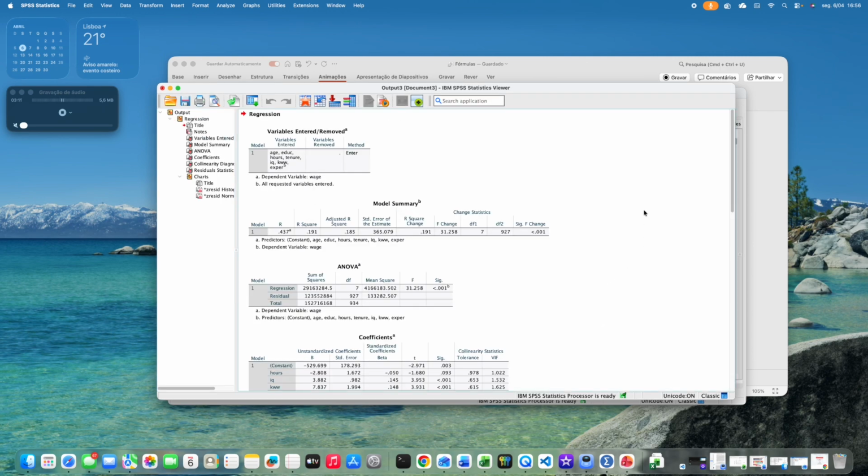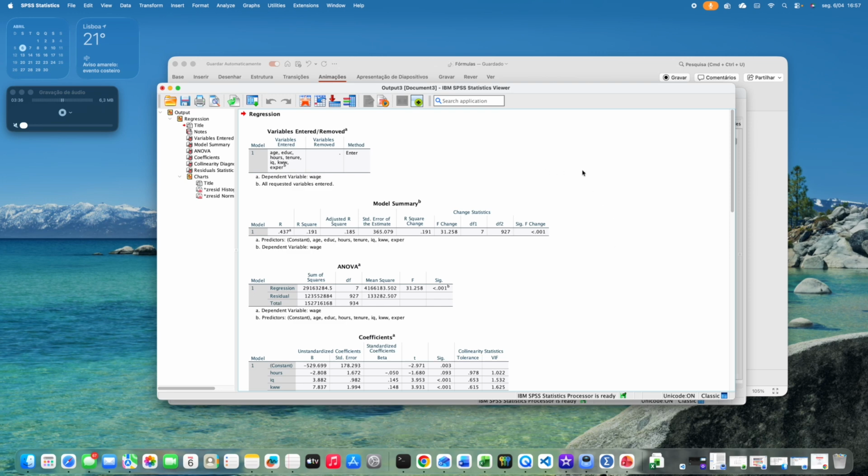And here we have the SPSS output. The first table tells us what our dependent variable is, wage, and all the variables that we entered into the model, and the model accepted all the variables and removed none. Next, we have the model summary that tells us several things of interest.